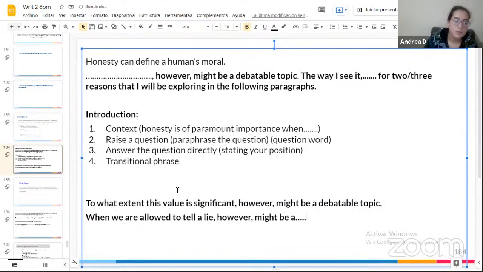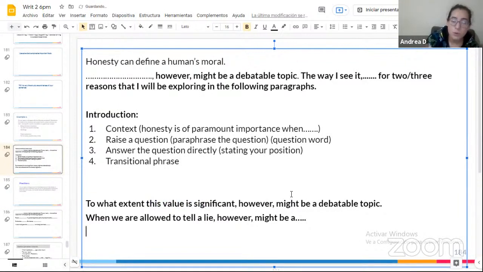So it has a question word like when, to what extent, how honest we should be, however, might be a debatable topic. So you're paraphrasing the question, and it's not a question, right? So I'm not saying, when are we allowed to tell a lie? No, it's a sentence. When we are allowed to tell a lie, or to what extent this value is.